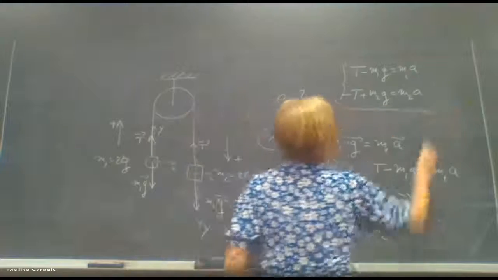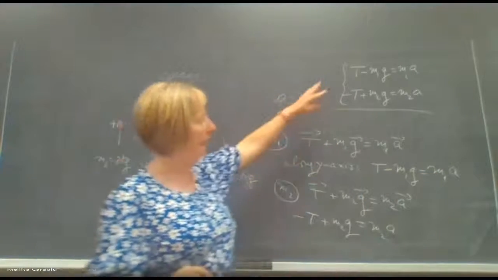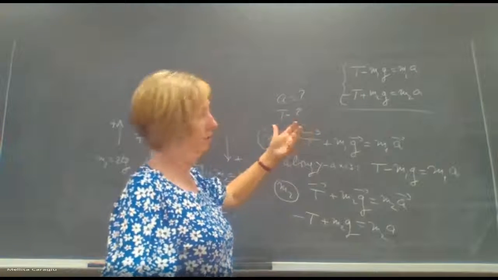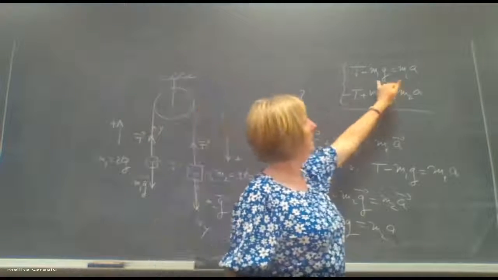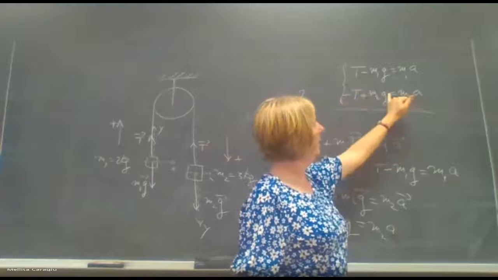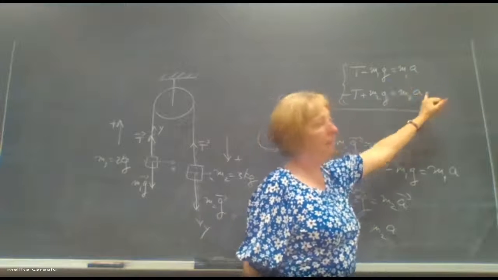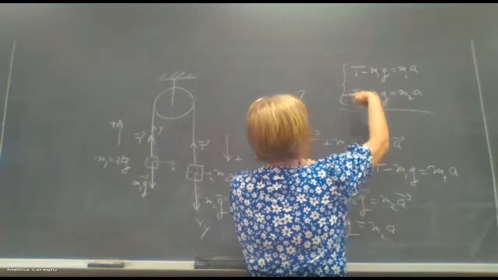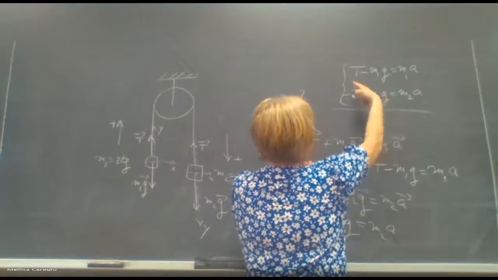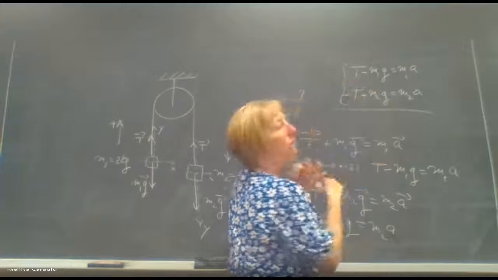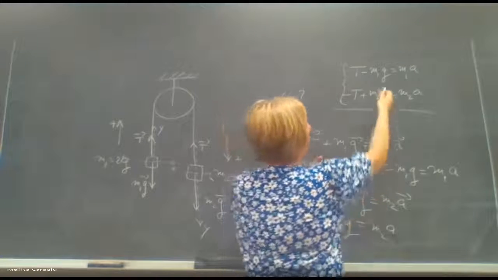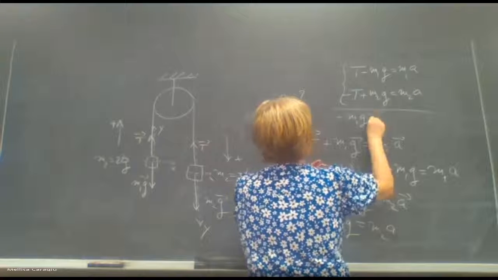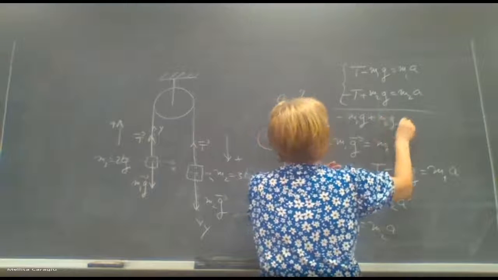These systems usually are solved by adding the two equations. So what does adding equations mean? This side plus this side equals that side plus that side. So adding T minus M1G and minus T plus M2G, the T and the negative T would cancel, and I would end up with minus M1G plus M2G.